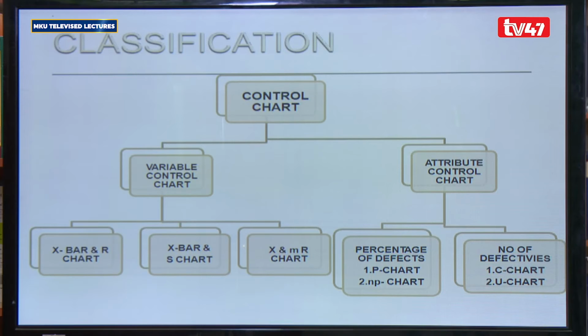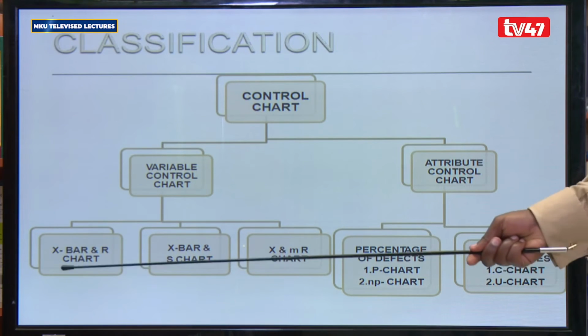Under control charts, we shall have variable control, and we said that variables are those measurable characteristics, and then we shall have attribute control, and these are those that cannot be measured, so you can only describe them using words like bad, good, defect or defective, non-defective. So under variable control, these are the types of charts that we have.